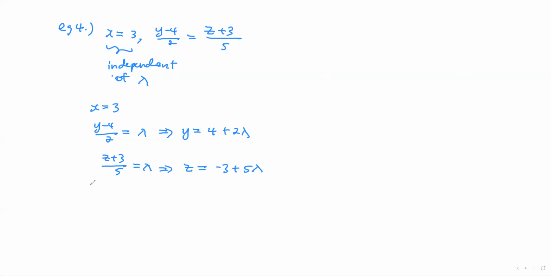Okay, so our equation would be x, y, z equals, this is 3, 4, negative 3, plus lambda. Okay, so take note that the x coordinate, which is independent of lambda, I'm going to assign a 0 here, right? So that means it will be independent of lambda. 0 times lambda is just 0. And this one will be 2, this one will be 5. Okay, so our equation in vector form would be this.